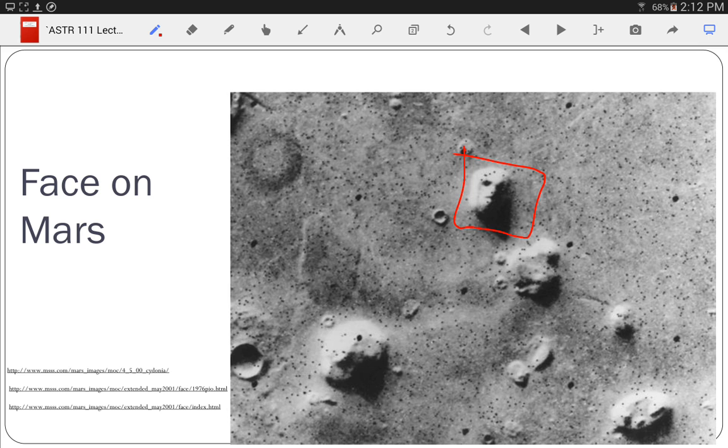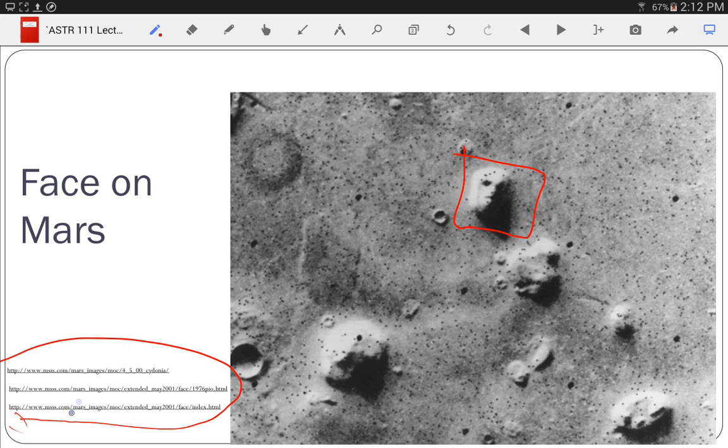This is an early picture. And it looked enough like a human face that even NASA said, we need to explore this. Because if it's a human face, then there must have been some intelligent life that made this, right? And so they went back. I am not going to the web pages, but you can see I have these little links down here.